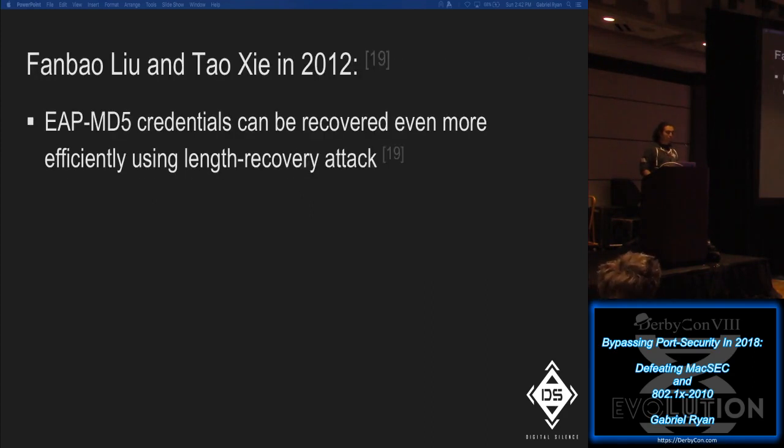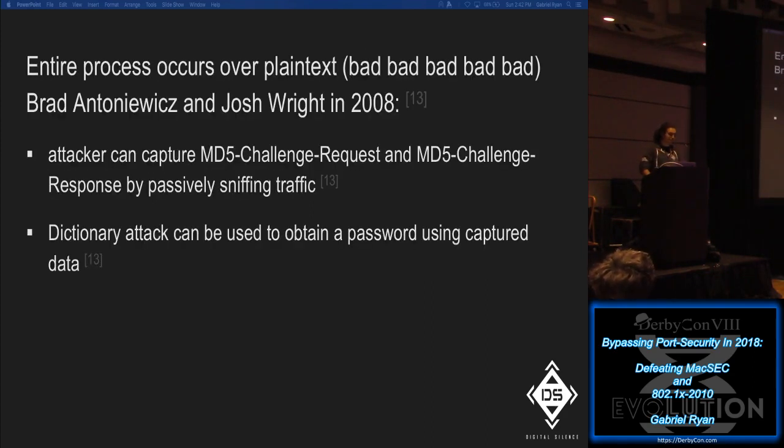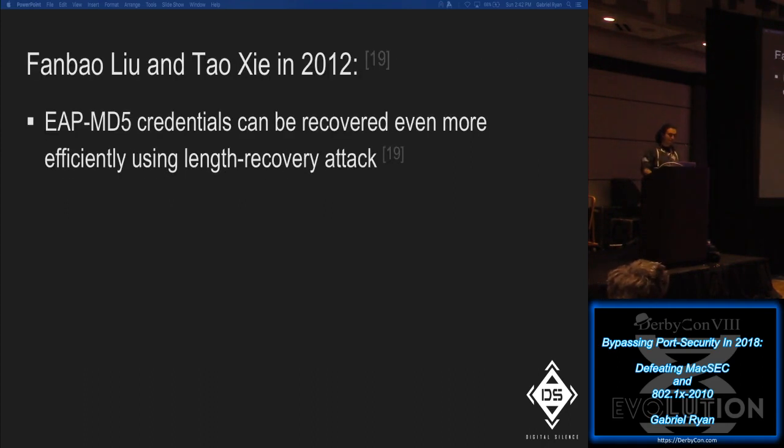And it's kind of a slow attack. Because it's a dictionary attack, it's linear, if you ever study runtime analysis or something like that, the time it takes is just going to increase linearly, which is not wonderful. But in 2012, a couple of researchers named Fanbao Liu and Tao Xie released additional research that shows you can actually reduce this time using a length recovery attack.